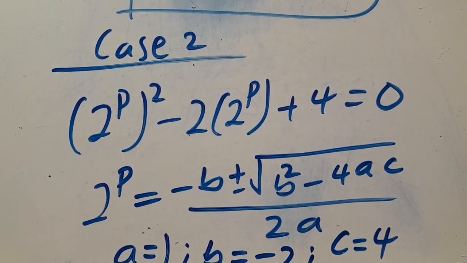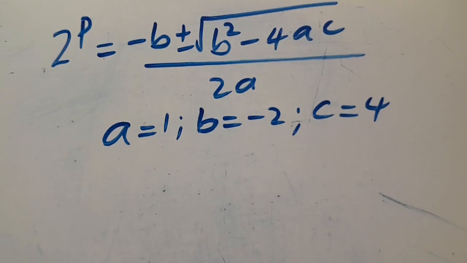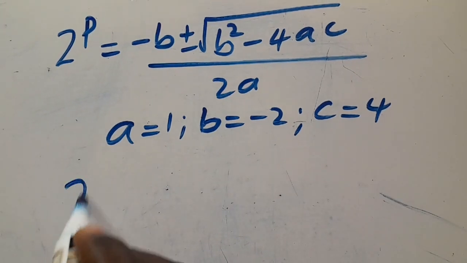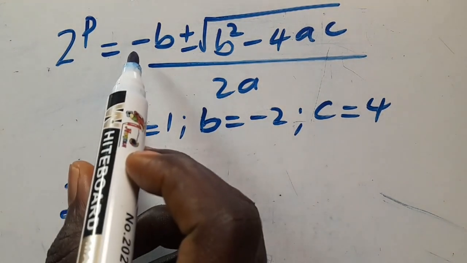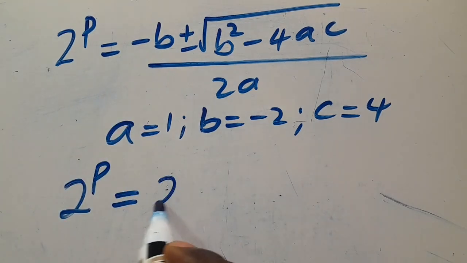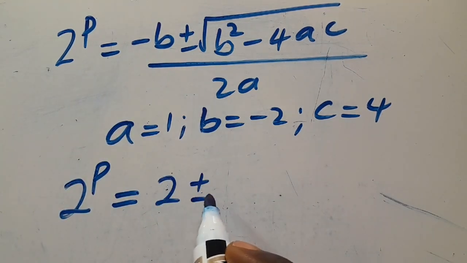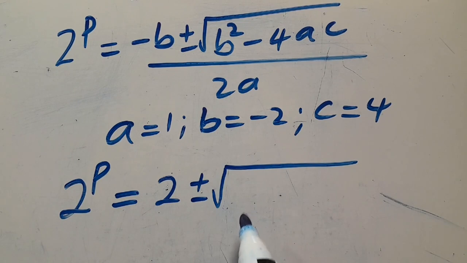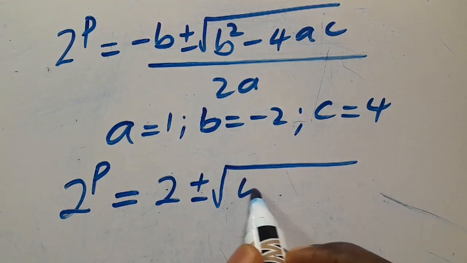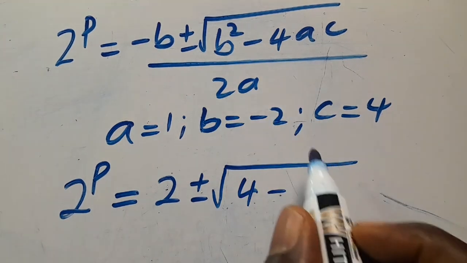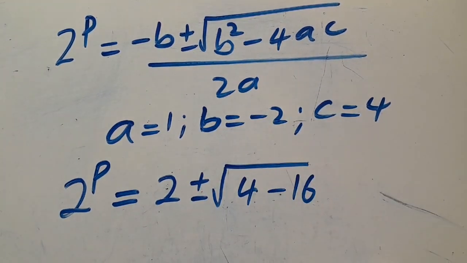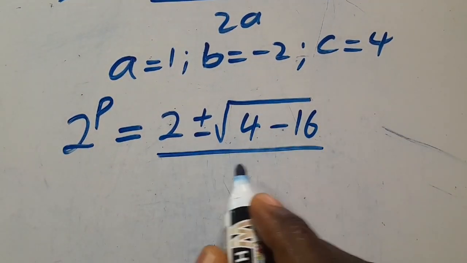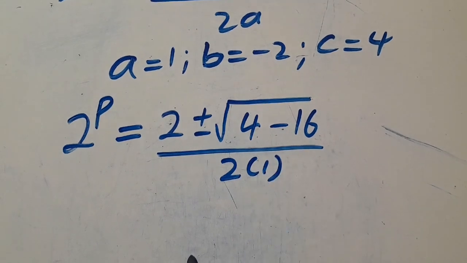So from here we have 2 to the power of p equals minus of minus 2, which is plus 2, positive or negative, root of 4 minus 4 times 1 times 4, that's 16, then all divided by 2 times 1.